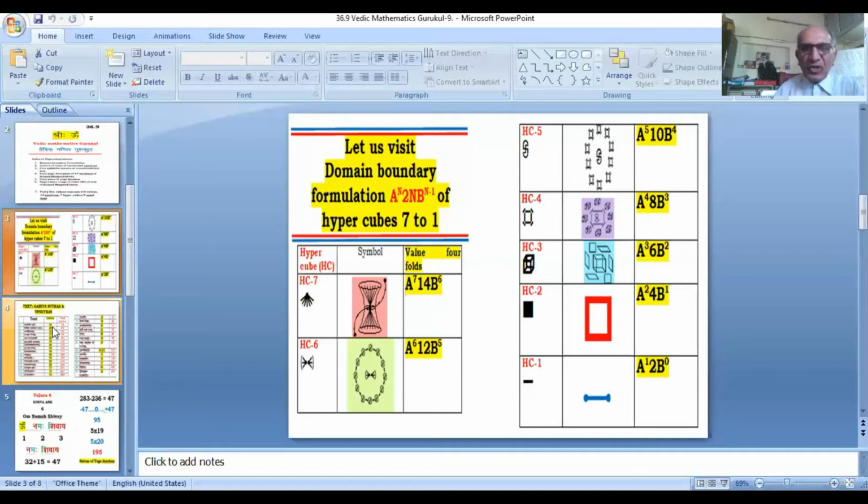And in the third column is tabulated the domain boundary ratio of these bodies. Let us begin with hypercube 1.